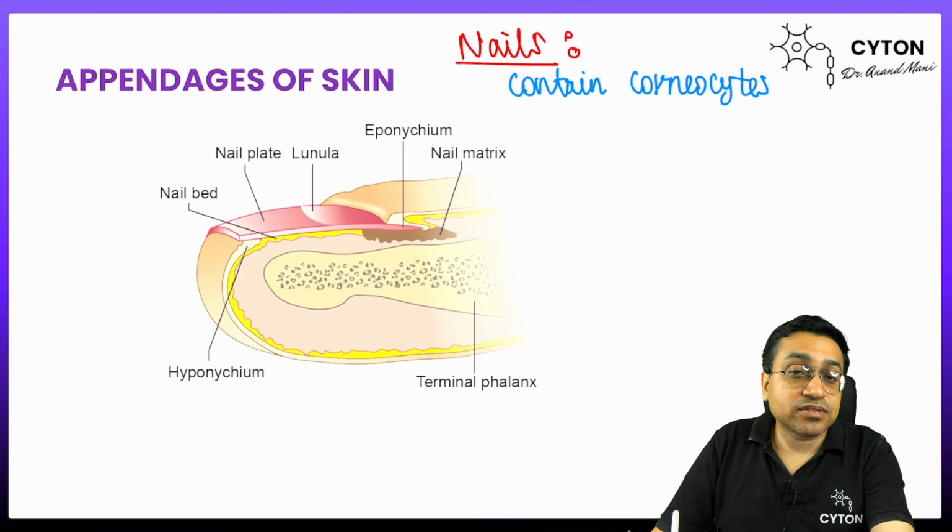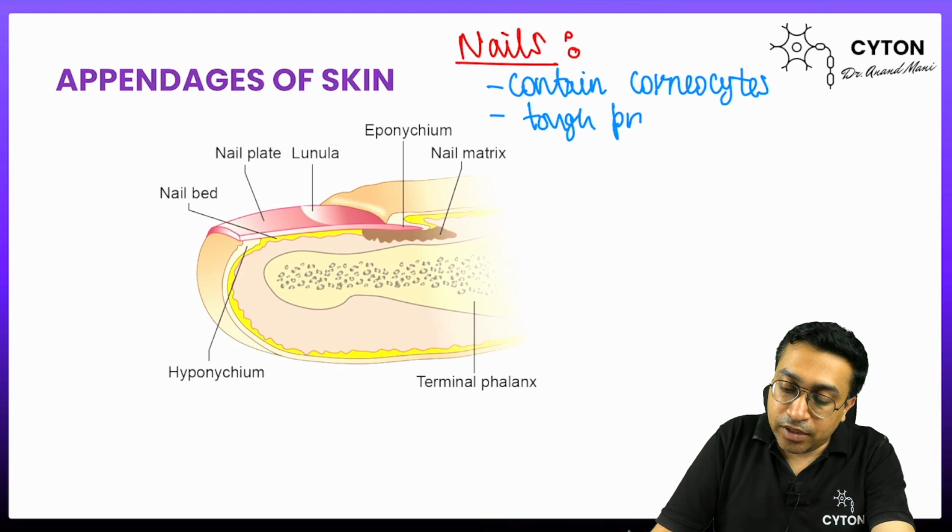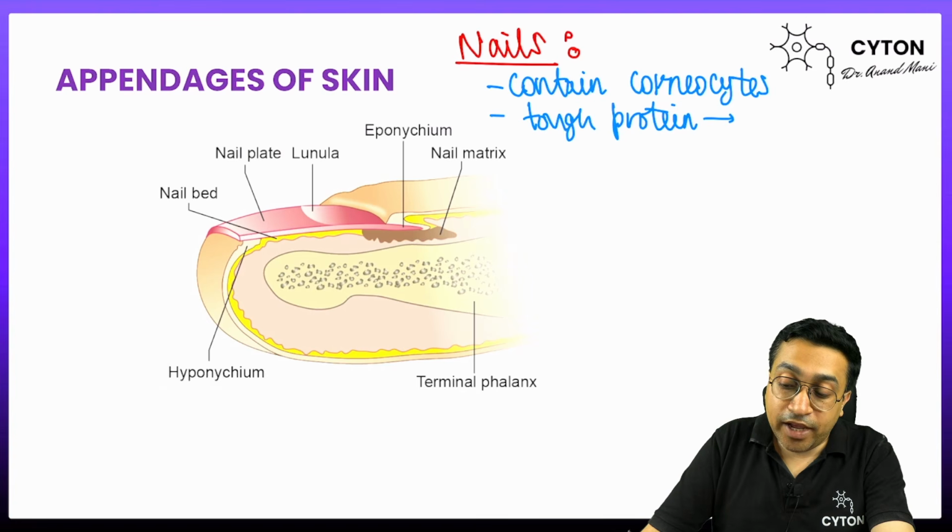So nails consist of a very tough protein which is known as alpha keratin.